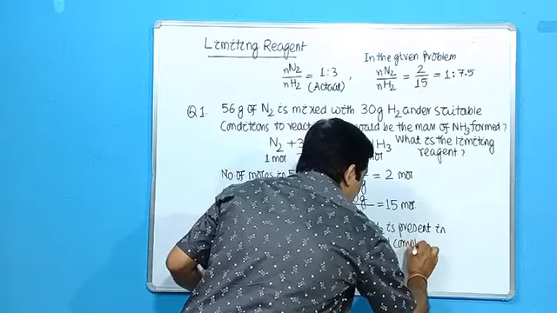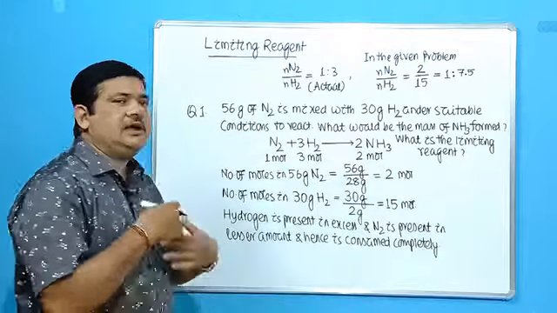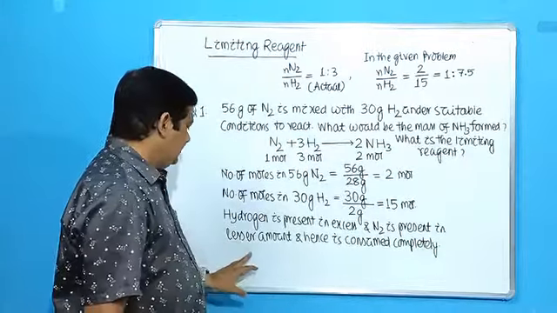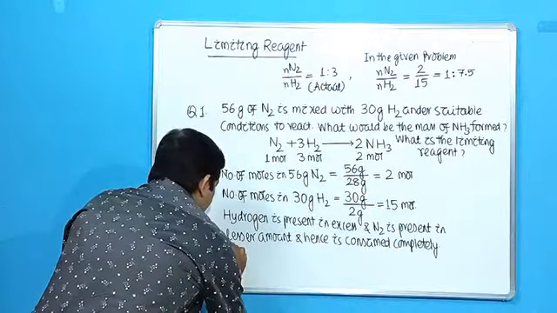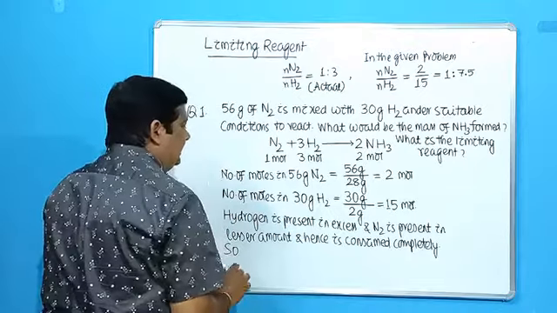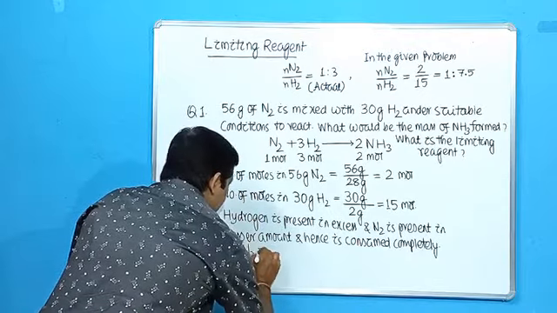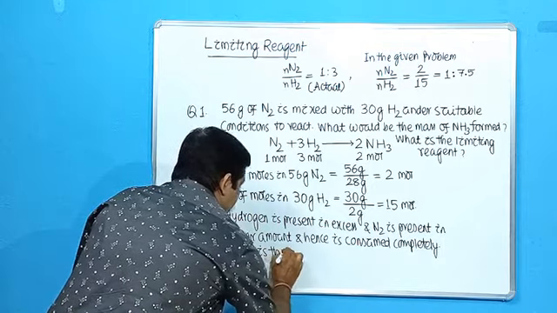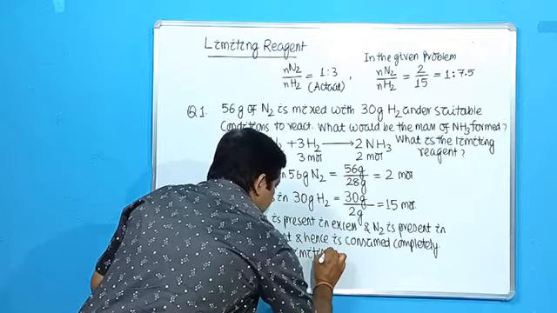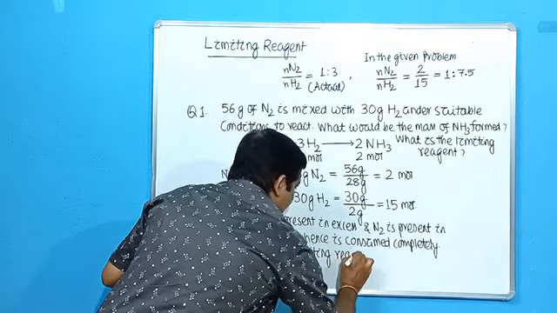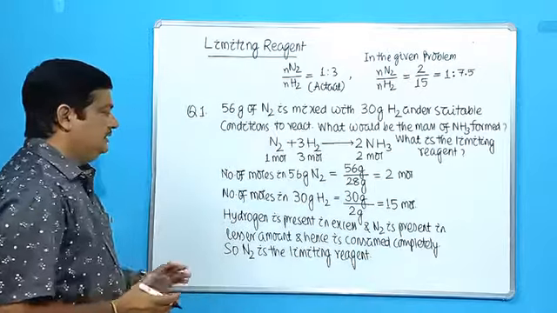The 2 moles will be completely consumed, and then the reaction will be stopped. So which is the limiting reagent here? Now nitrogen is the limiting reagent. So N2 is the limiting reagent. Why? Because it is present in lesser quantity.